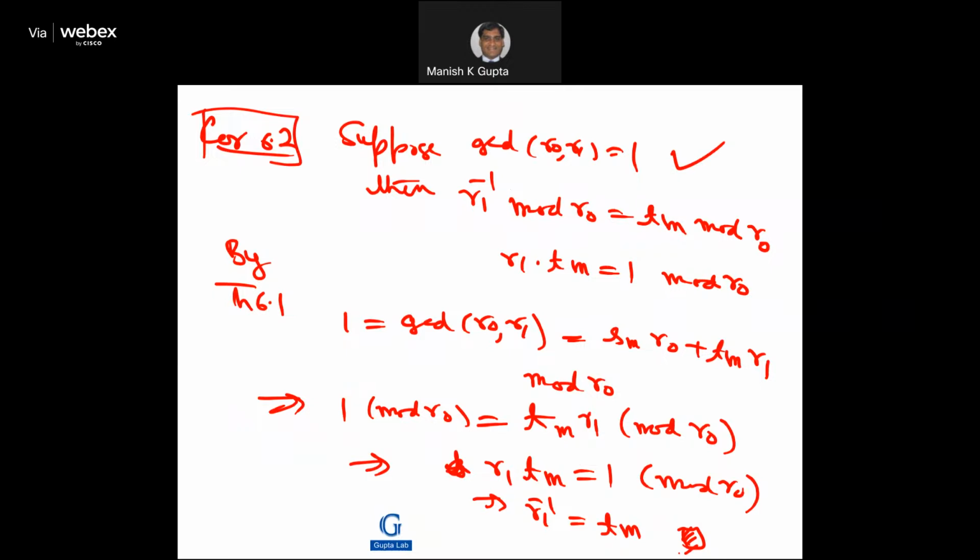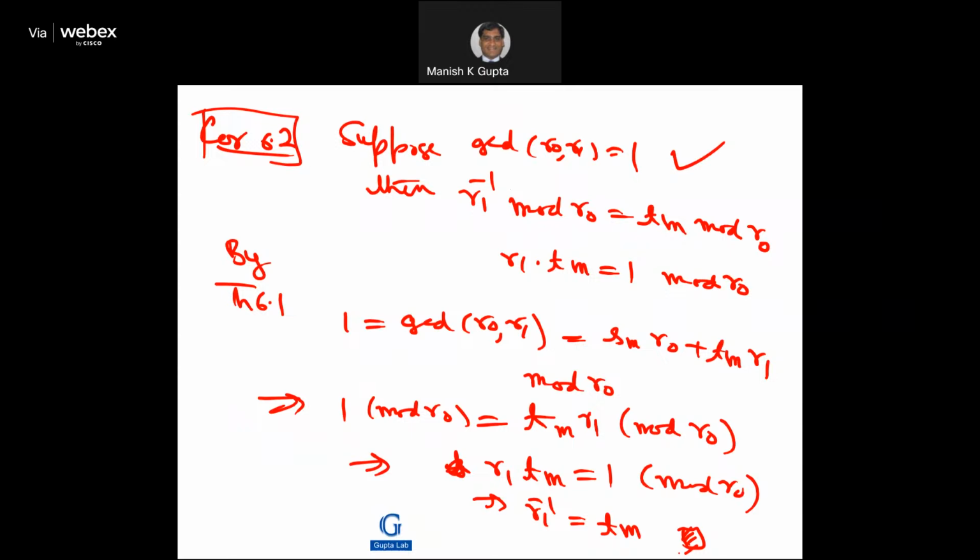For that, we also use this corollary. Suppose GCD of R0 comma R1 is 1, then the result says that the inverse of R1 modulo R0 is Tm. That means R1 into Tm is equal to 1 modulo R0, right?